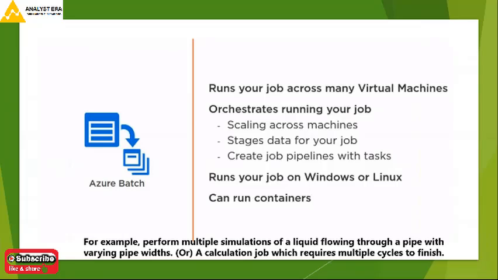These are the things which we usually do whenever we are building a pipeline. We will build multiple tasks, and depending upon the number of tasks, that is how huge your pipeline will be. So you will build a pipeline, and you will go ahead and process these tasks. That is what is batch processing. You can go ahead and batch process these tasks across multiple virtual machines. That is also possible using your Azure batch service.